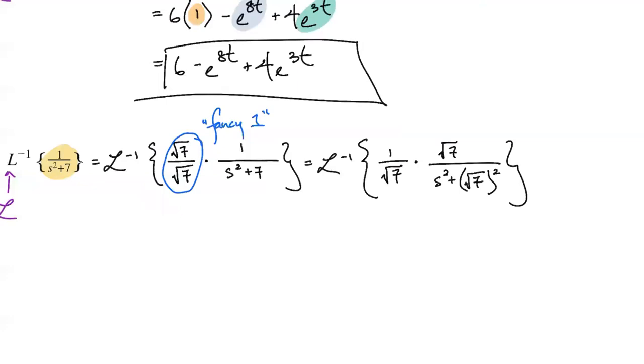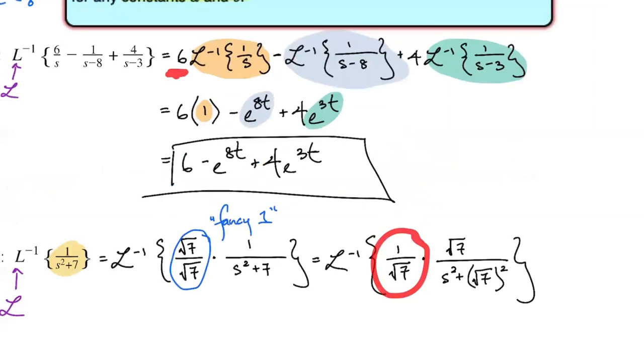So now look what I've created. I've been able to match the expression pretty much exactly to line number 7, a over s squared plus a squared. Now that I've matched the form, the beautiful part is 1 over square root of 7 is a constant, just like this 6 that I had over here.